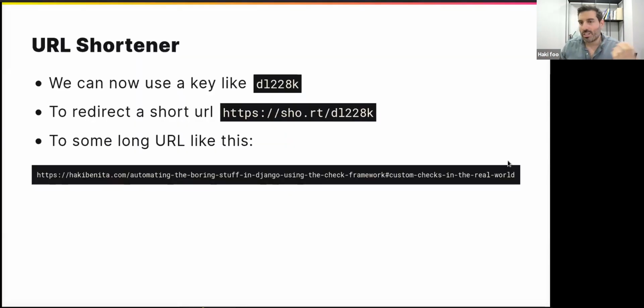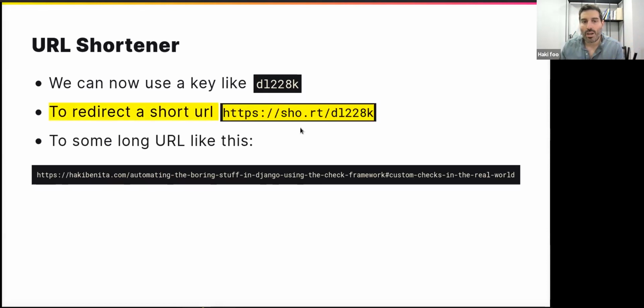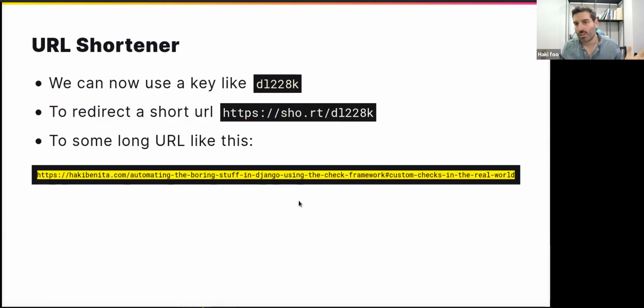So a URL shortener, for those of you who are not familiar with what exactly it does, takes a small key that is appended to a usually very short URL. And this short URL can be resolved into a very long URL.